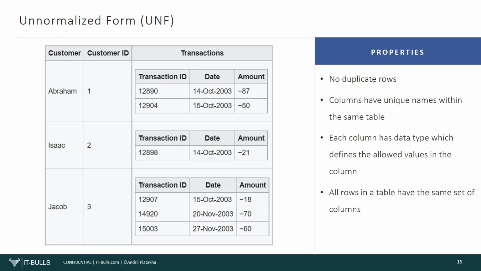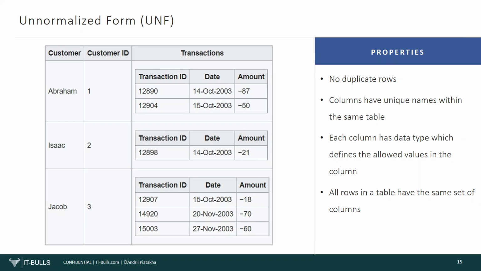Normalization to first normal form requires the initial data to be viewed as relations. In database systems, relations are represented as tables. The relation view implies some constraints on the tables. No duplicate rows. Columns have unique names within the same table. Each column has a data type which defines the allowed values in the column.